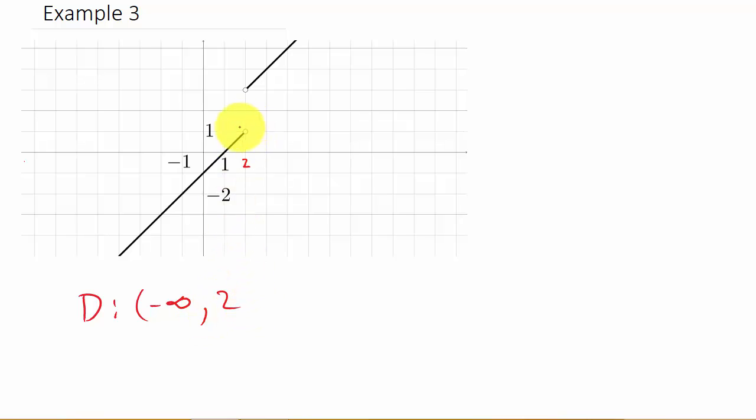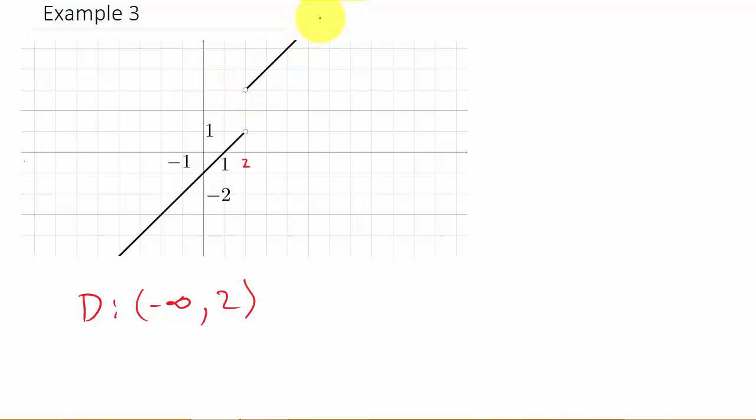Now, you see how this is an open circle? That means the 2 is not included, so the 2 would have a parenthesis on it. So the domain is from negative infinity to positive 2. Then look what happens. The graph jumps up to here, and it starts at 2.